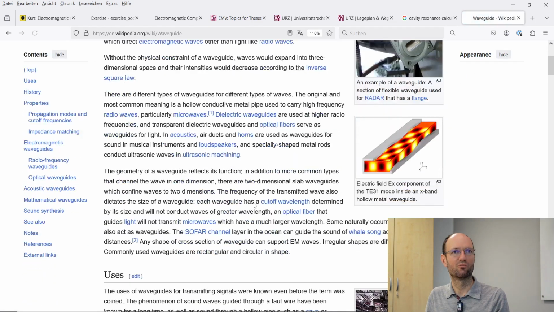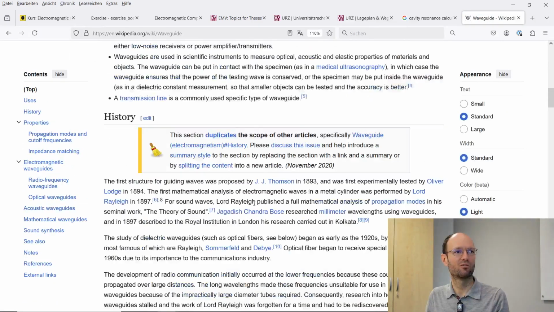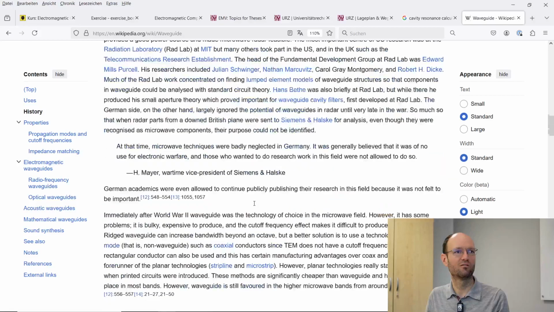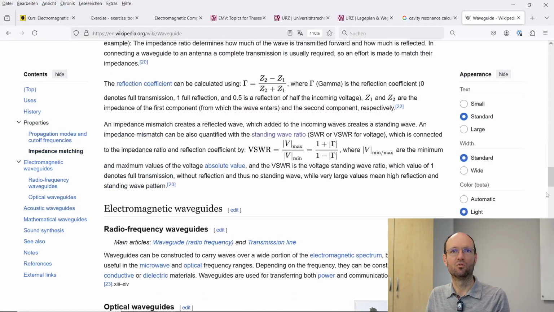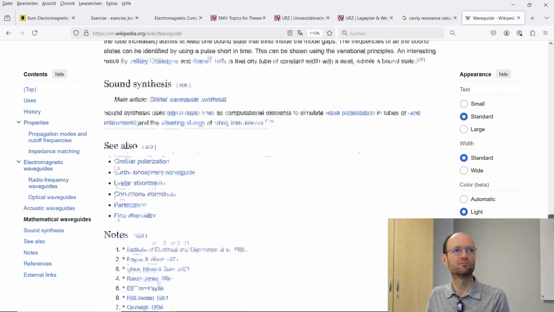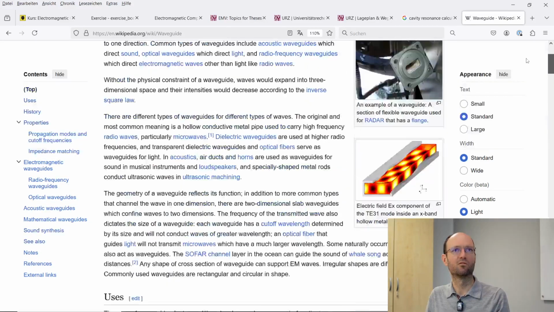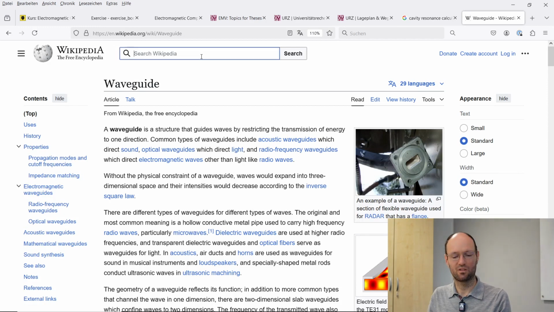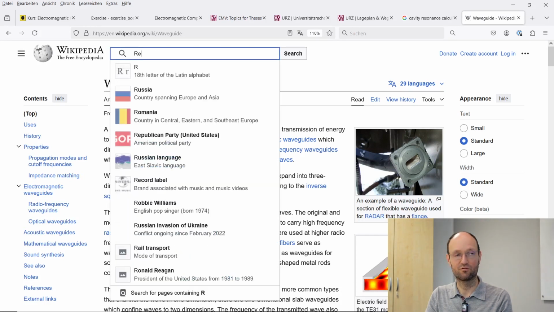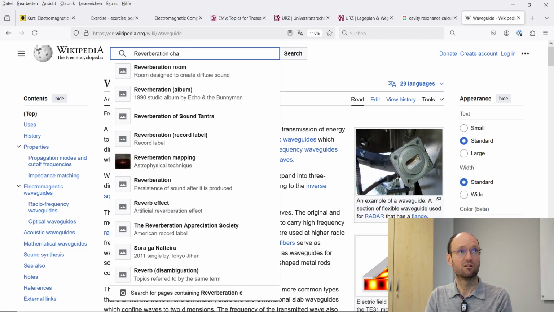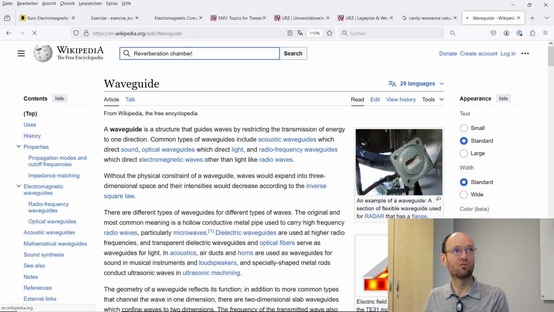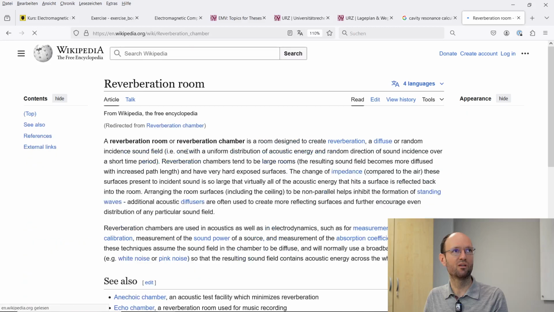I'm not sure if the waveguide formula will help us or if there is some formula here to calculate this. Also not really. So then we can of course search for reverberation chamber, because this also belongs to the theory of reverb chambers.